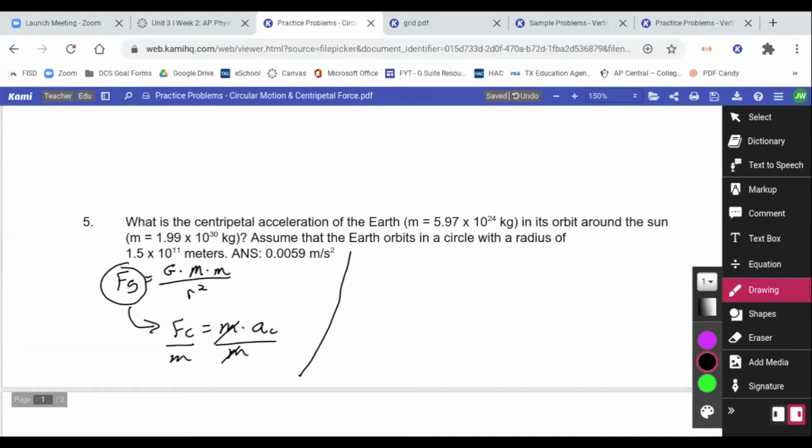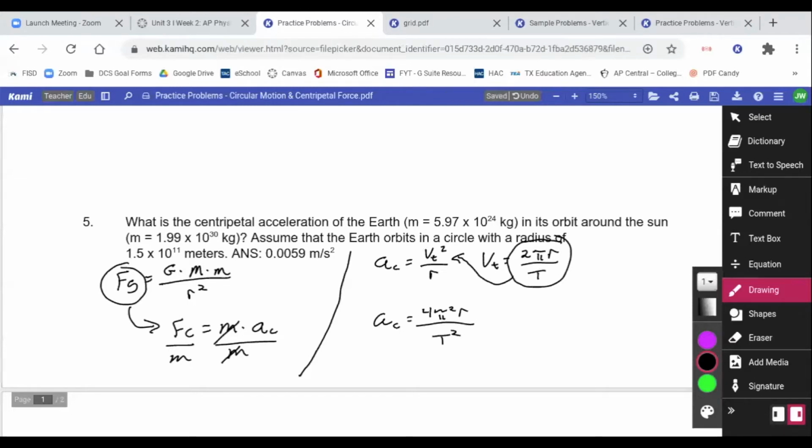We can say that acceleration is equal to velocity squared over radius, and velocity is equal to 2 pi r over period. If we replace velocity in the acceleration equation, acceleration is equal to 4 pi squared r over T squared.